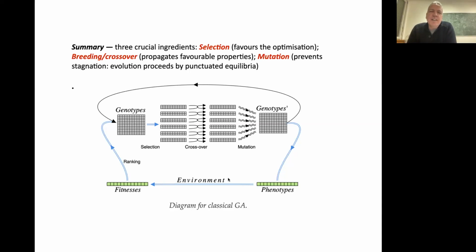This step I'm calling the environment, by analogy with other learning techniques, reinforcement learning for example, which has a similar sort of flowchart, and there's an environment that you confront your individuals with. From that you work out the fitness. In this case, the environment is the function, and you want it to be as high as possible. So that gives you the fitness. You rank them, 1 to n, and then you get the new set of genotypes.